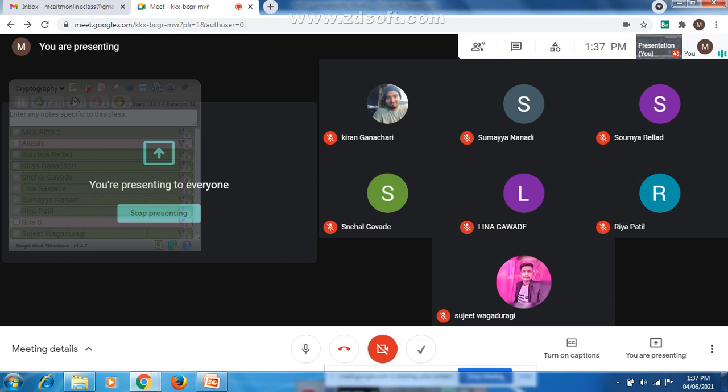Have you remembered these things? Two types of encryption algorithms are there. One is symmetric and the second one is asymmetric. What do you mean by that? Can anyone tell me?